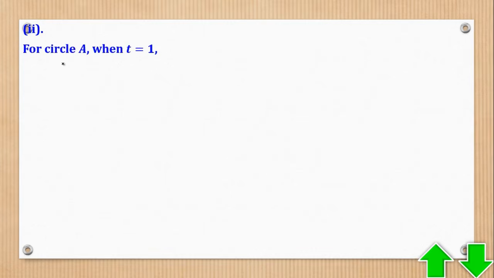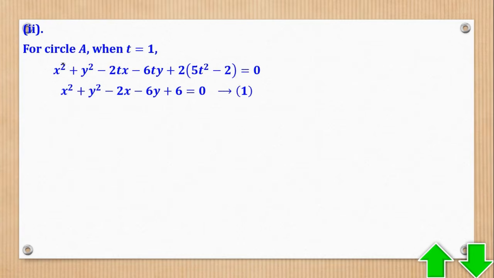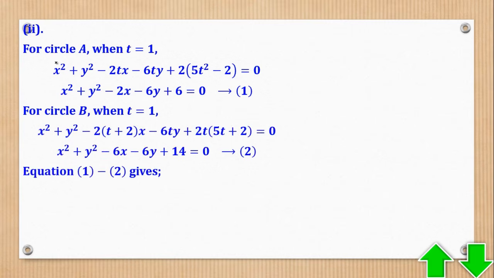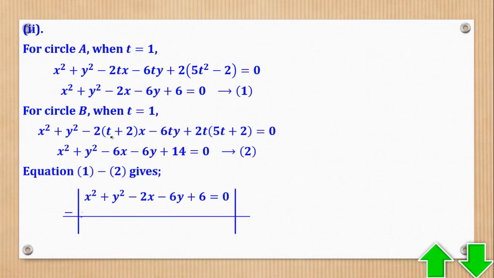So from circle A, when t is equal to 1, substitute for t to come up with that as equation 1. Then for circle B, also substitute for t to come up with that. So I have to solve the two equations simultaneously to come up with the required points.